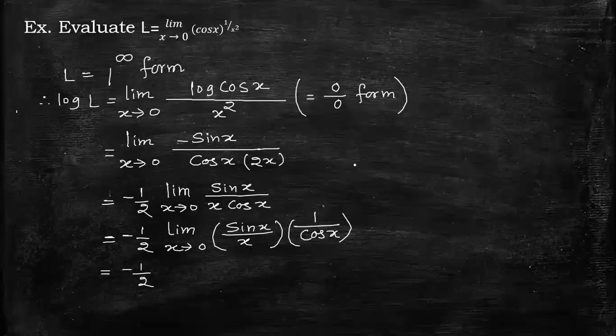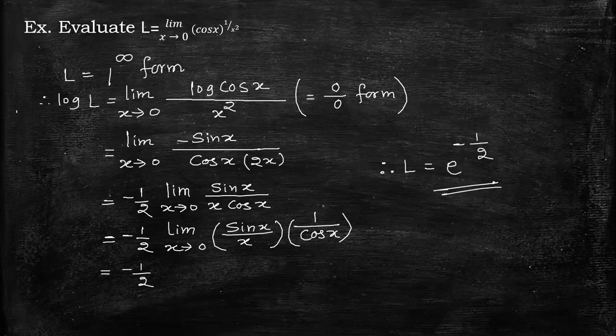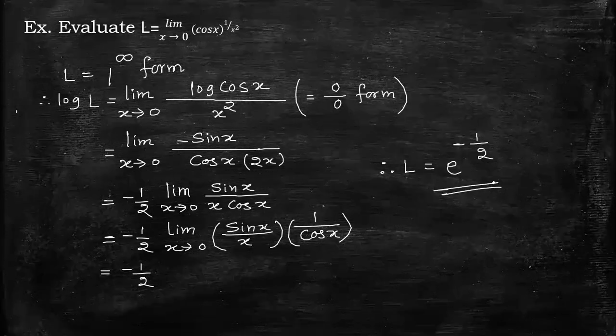Log L is equal to minus 1 by 2, and therefore L equal to e to the power minus 1 by 2. So this is one more problem we have solved. Take screenshot.